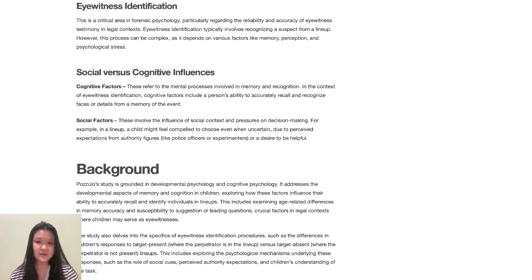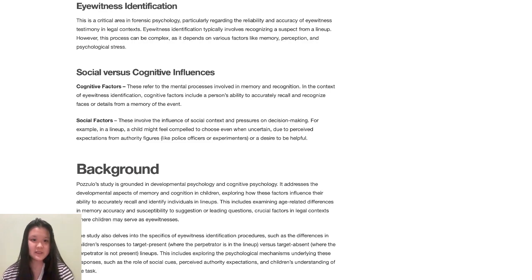Yep, so psychological stress, right? And the other things you can think about are memory, perception, all of that. Because we are looking at this from a psychology point of view, not a legal point of view, we think about how it is affected through the lens of psychology.